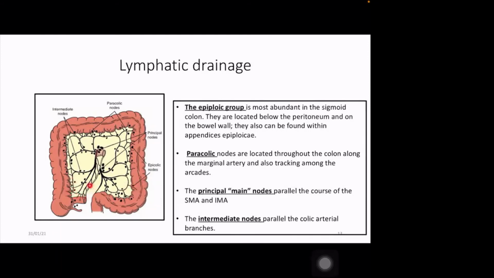Then comes the intermediate group, along the arteries which supply the colon, and the principal or main group, present close to the SMA or the IMA origin. Remember: epicolic in the bowel wall, paracolic along the marginal artery of Drummond, intermediate nodes in the colic branches, and the principal or main nodes close to the SMA and IMA origin.